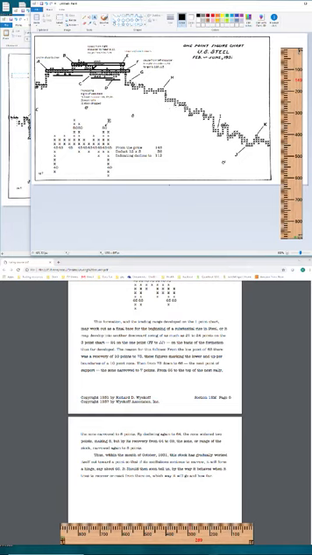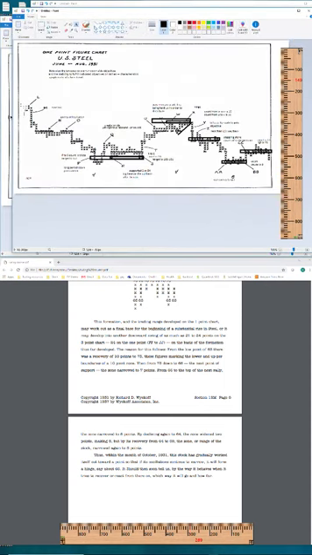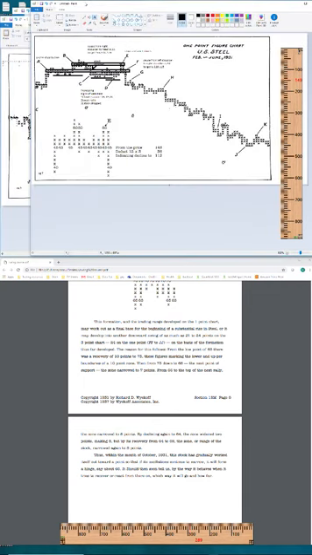And he talks about pyramiding, etc., but it's not that easy to do. It's page 7. This must be page 8.